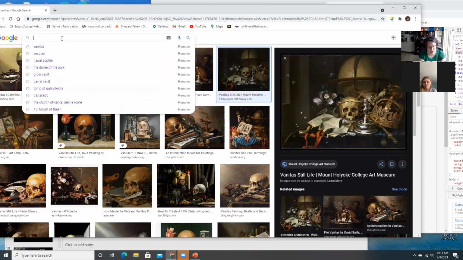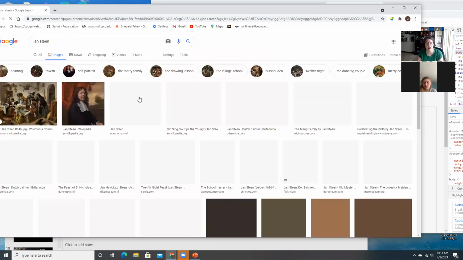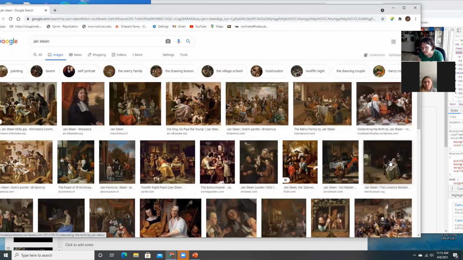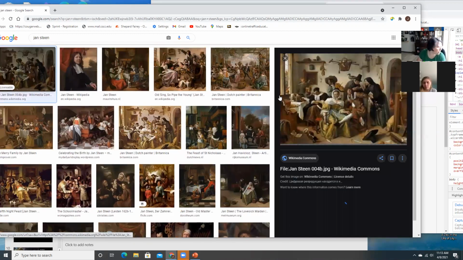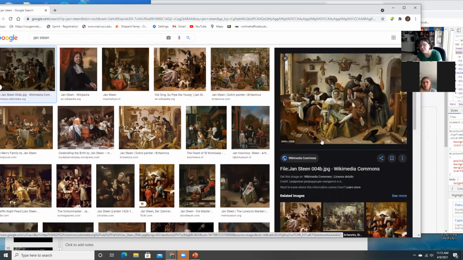Jan Steen is a master at these comical scenes about domestic genre life for the Dutch Baroque. This one I would say is probably the most common one. They're having this gluttonous party, and there's a pig in the house eating stuff on the floor, things like that. So Jan Steen does these domestic genre scenes that are full of mischief.